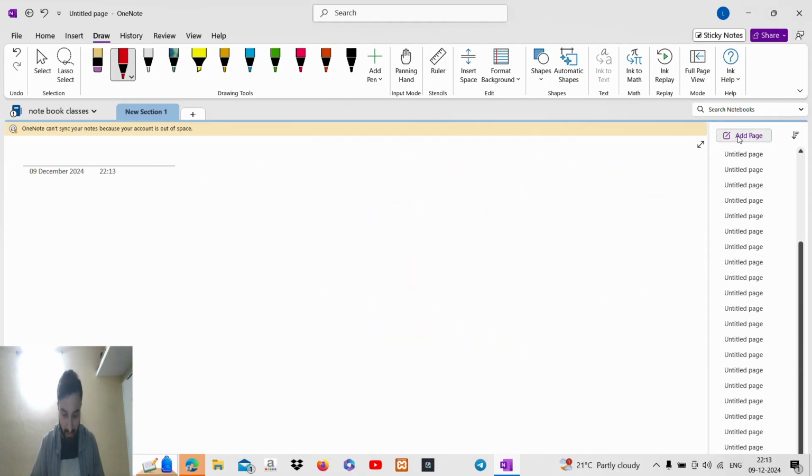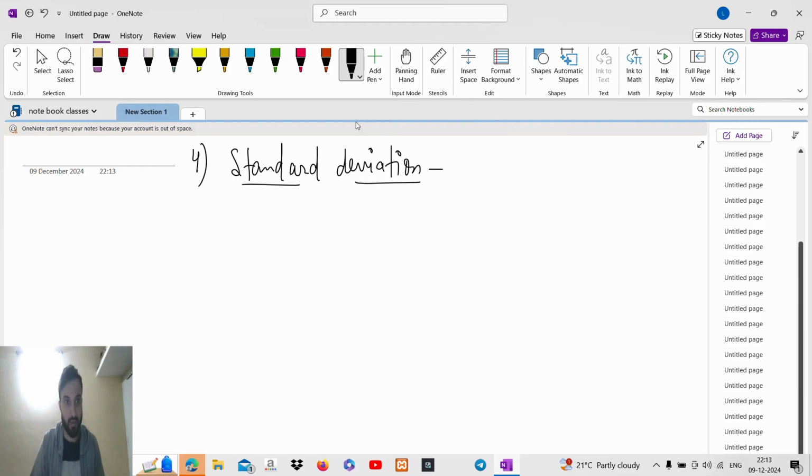Now this is done, the mean deviation. We are going to start with the standard deviation. The last one is standard deviation.